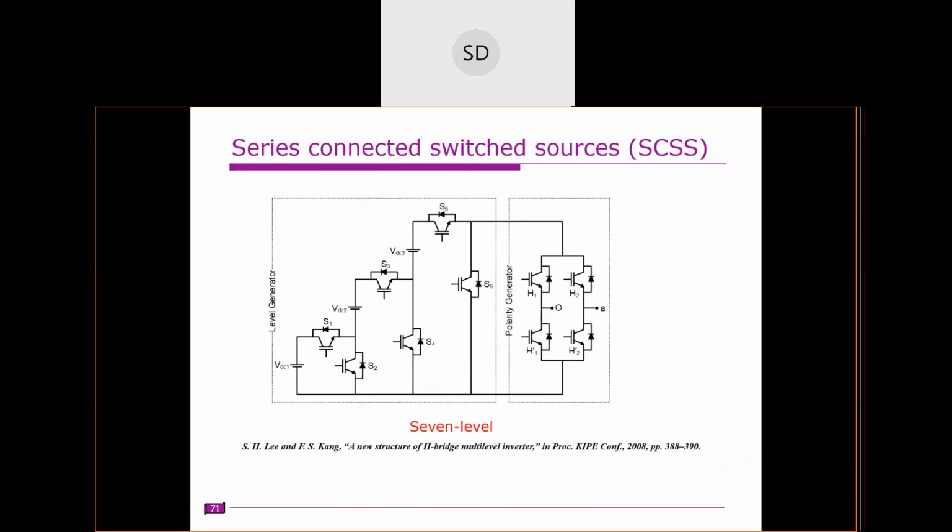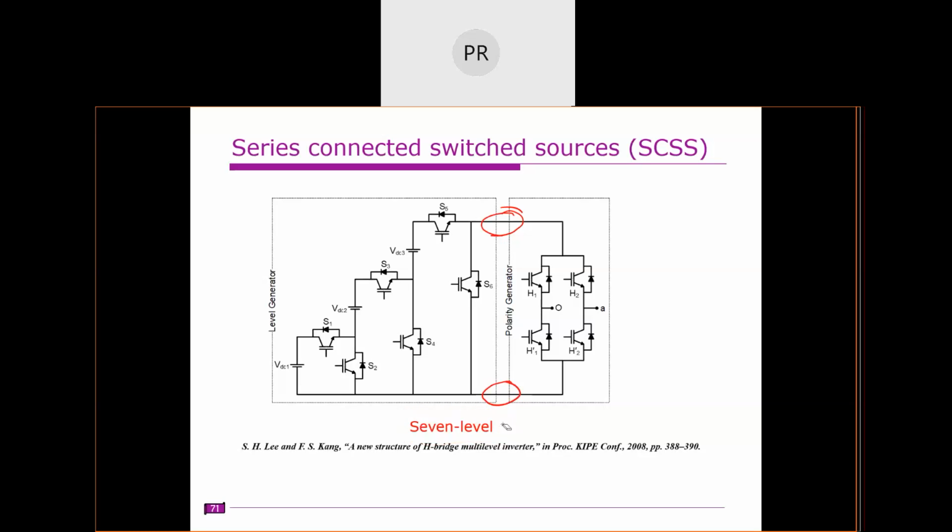Next one is series connected switched sources, SCSS. This is a 7-level topology. If you want to operate all 3 DC sources in series, which switches do we need to trigger?